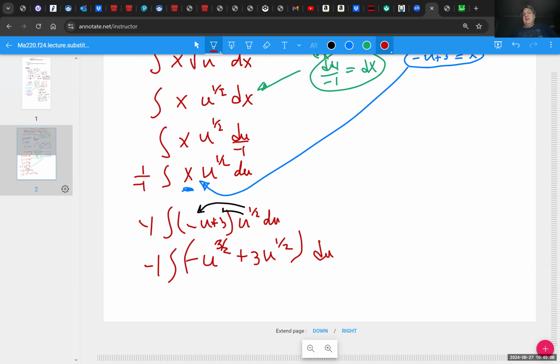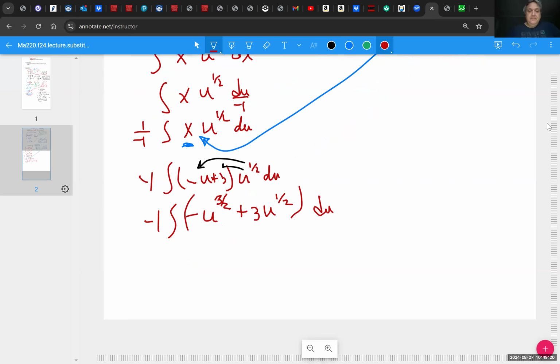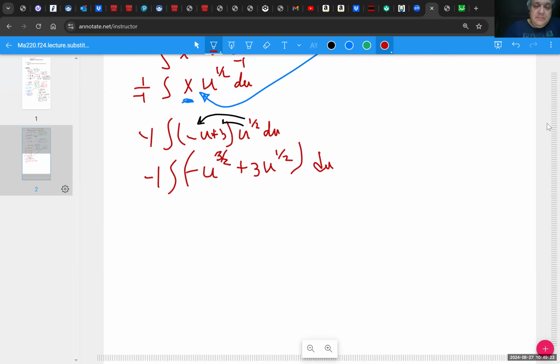And each of these can be anti-differentiated just using the normal power rule, right? Because they're added together, I can do them separately. All right. Almost done with this problem and almost done with this video. All right, so we get -1. I get the antiderivative of negative u to the 3/2. Negative is a number, so it will not affect the antiderivative.